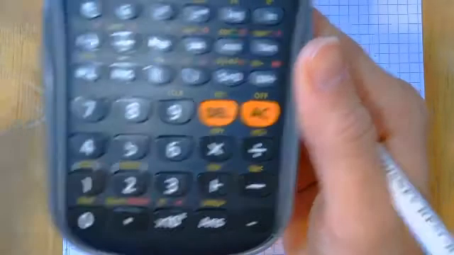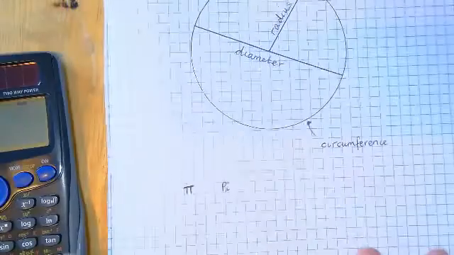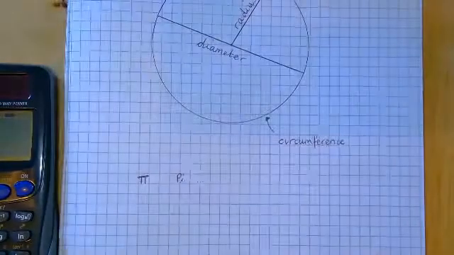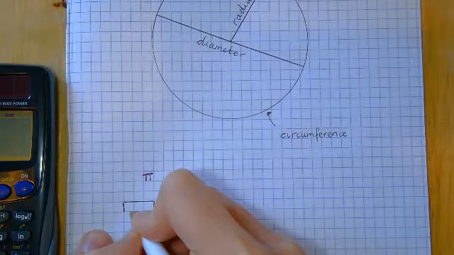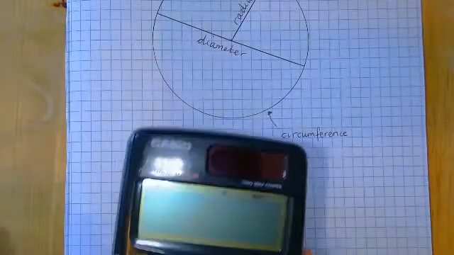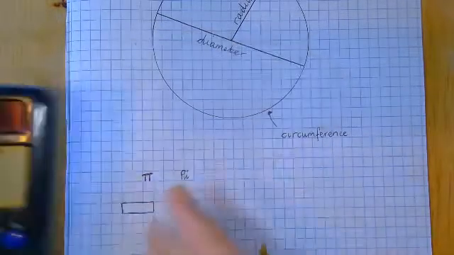Okay, so on the calculator, we're going to write down the buttons that you would need to press to get the pi. So the first button that you would need to press is shift, which is up here in the top left corner.